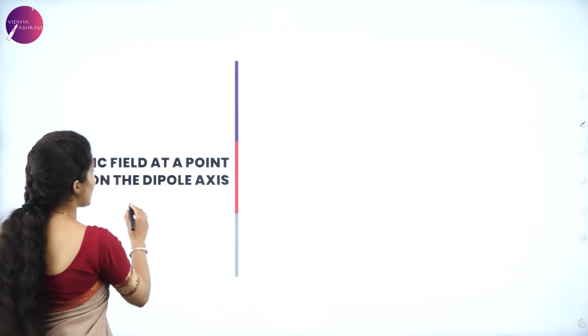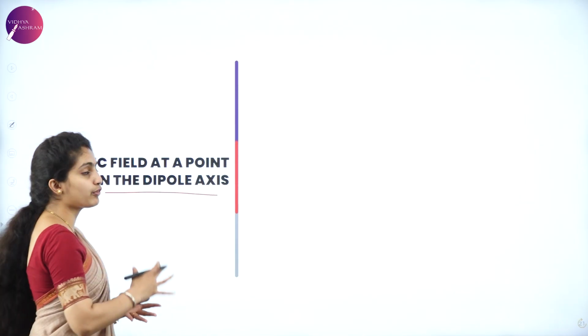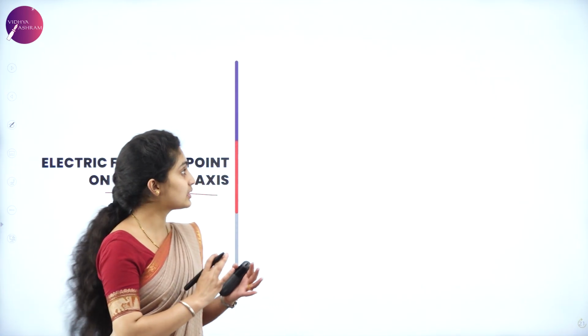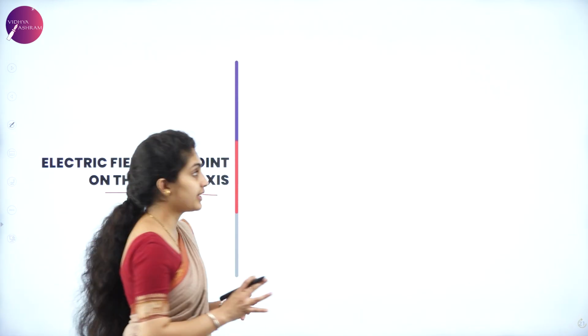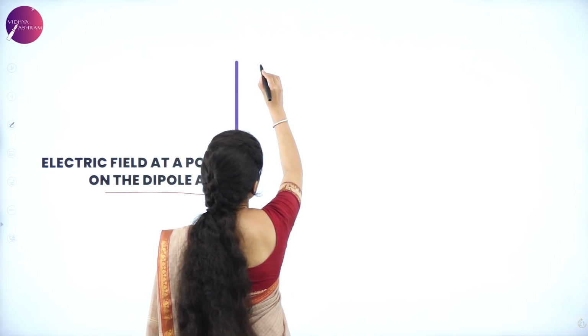Coming to the dipole axis, that is the electric field at a point on a dipole axis. Suppose you consider a dipole. So there is a line.